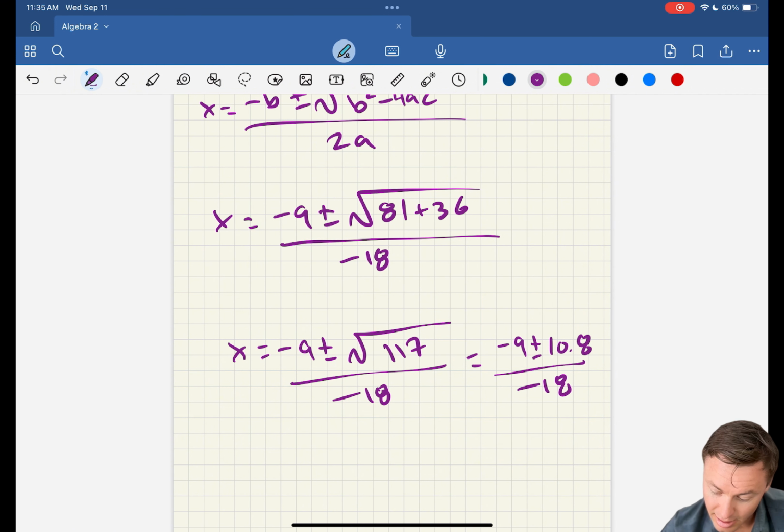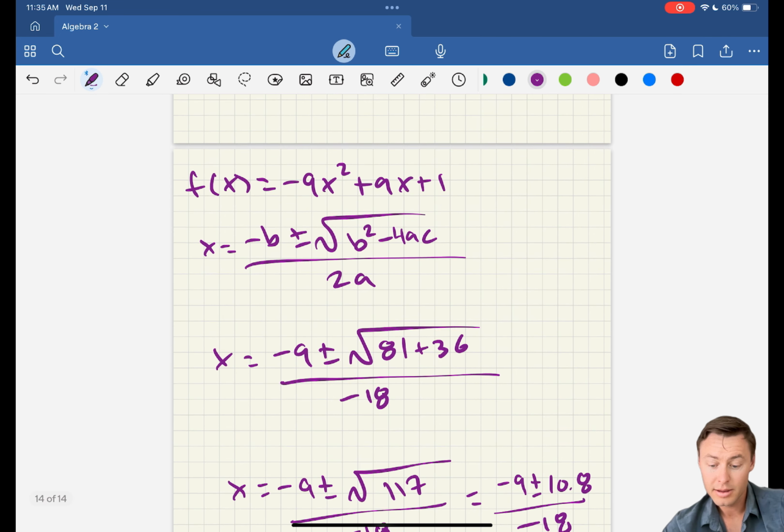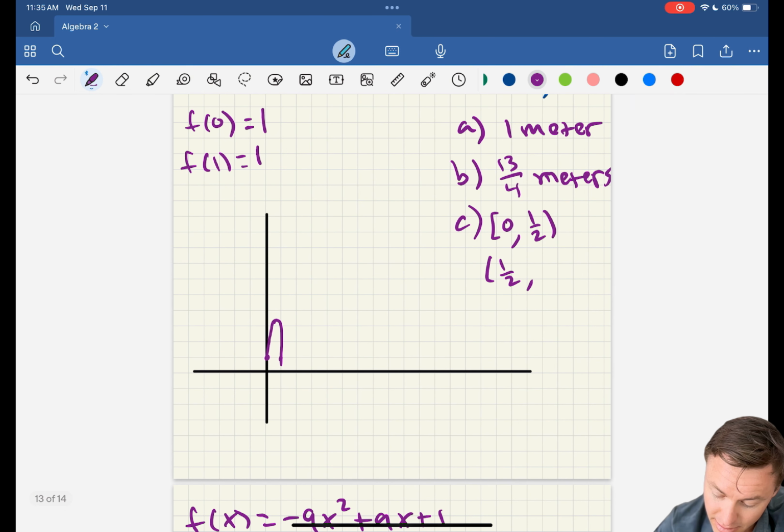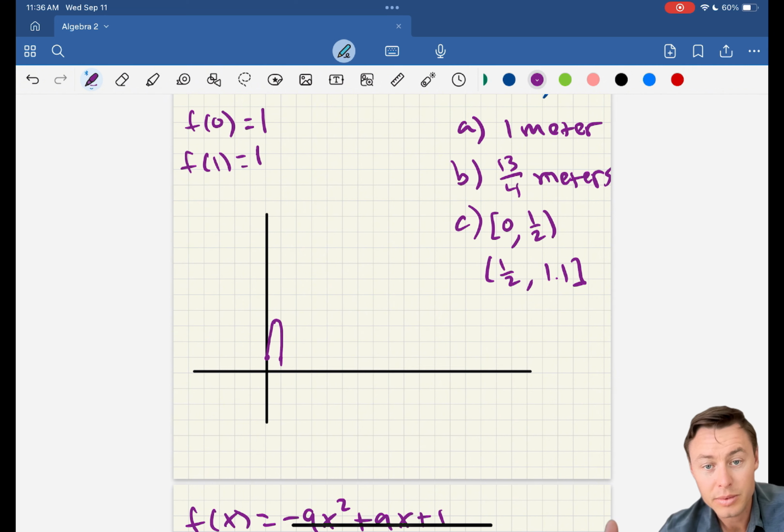And we'll get an x-intercept of 1.1. So 1.1 meters away from the diving board is where the swimmer hits the ground. Sorry, the water. Great.